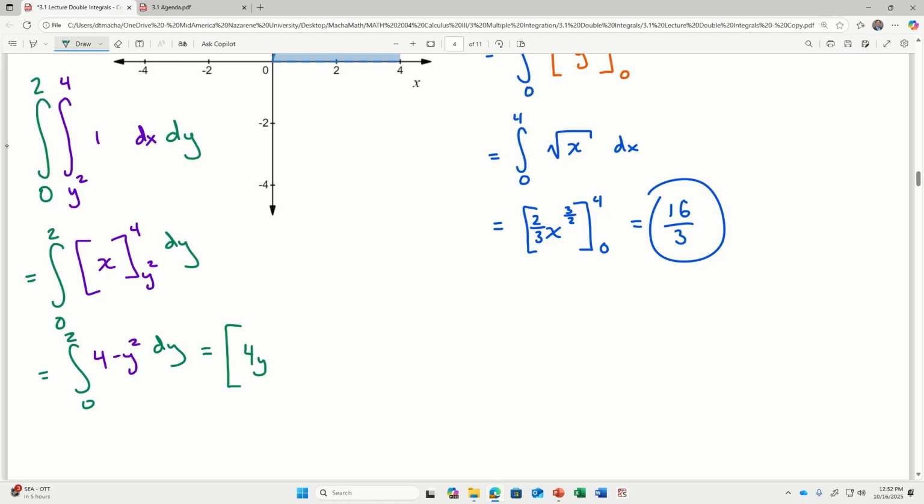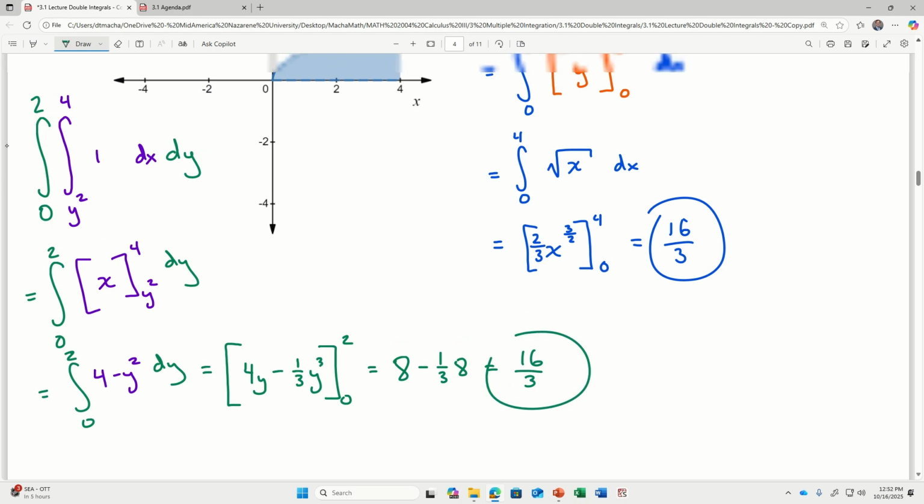What's the antiderivative of minus y squared? Yeah, here 1/3 y cubed. And then we plug in upper bound 2, lower bound 0. We don't really have to worry about lower bound 0 this time. Upper bound is going to give me 8 minus 1/3 of 8, which is 2/3 of 8, which is 16/3. So good.